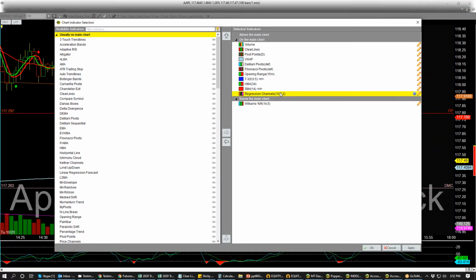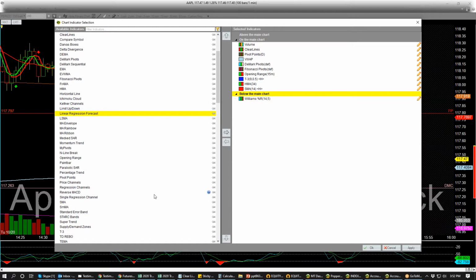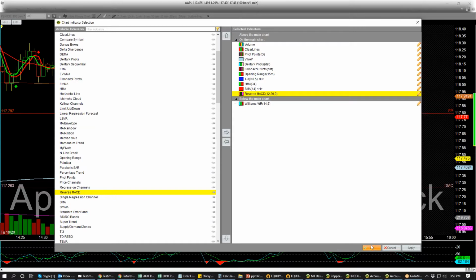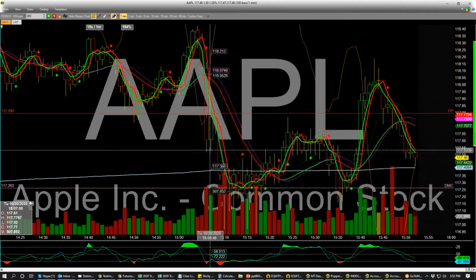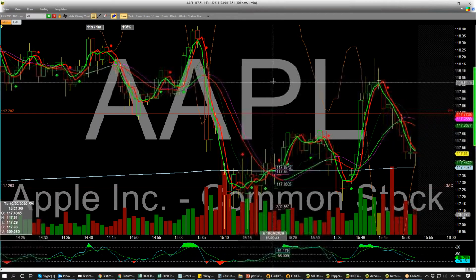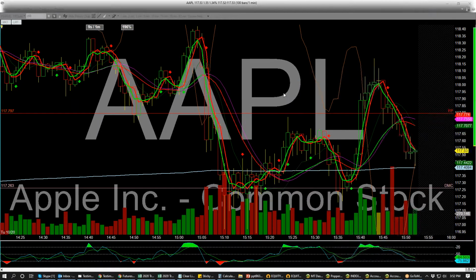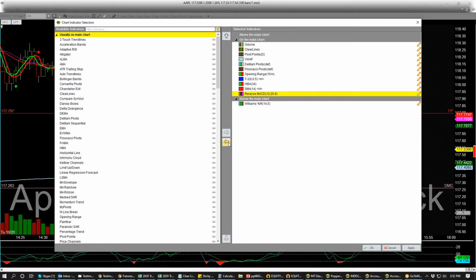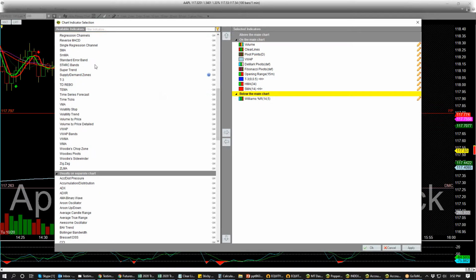Anybody use regression channels? Reverse MACD. Interesting. A reverse MACD. Moving average convergence divergence. That looks a little messy. All right. We won't mess with a single regression.